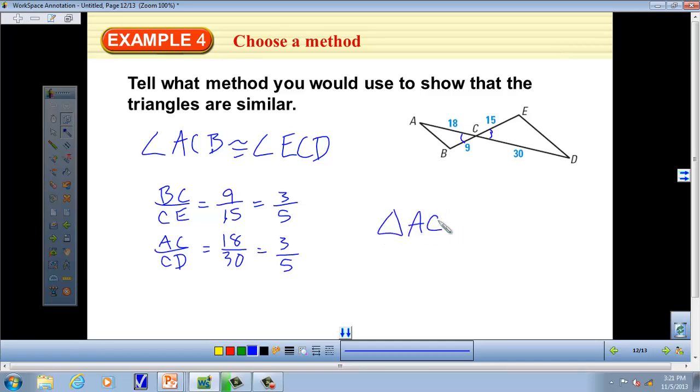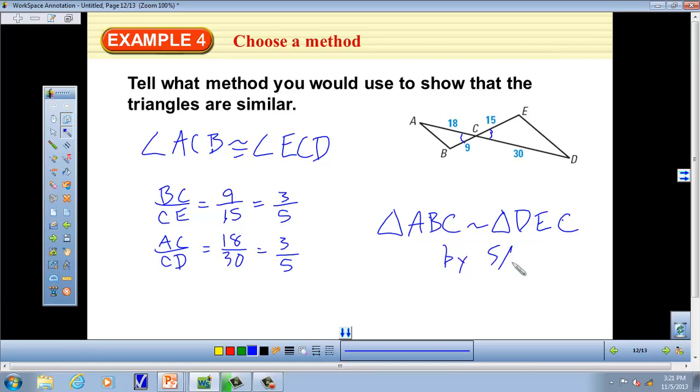If I call this ABC, A matches up with D, B matches up with E, and then we end with C. So ABC and DEC are similar. We would say that they're similar by side angle side triangle similarity. Okay?